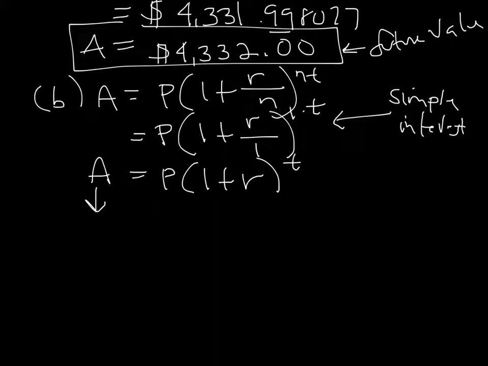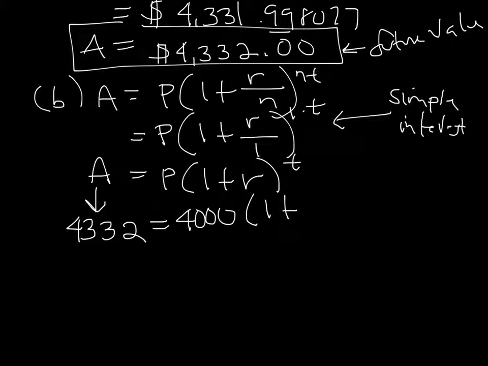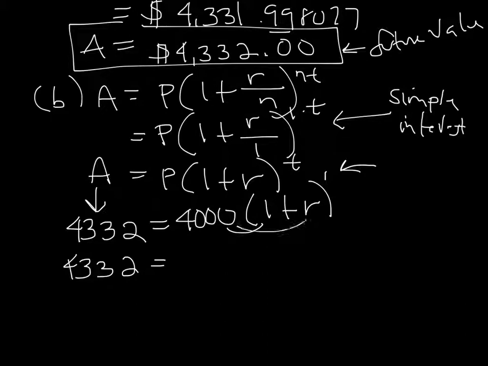So how much did we make? From part A, we have 4,332. We started with 4,000, times 1 plus r, which is what we're looking for, and raised to the t. What's our t in this case? It's just 1. So we have 4,332 equals, and we don't have to write the 1, so we're just distributing: 4,000 plus 4,000r.